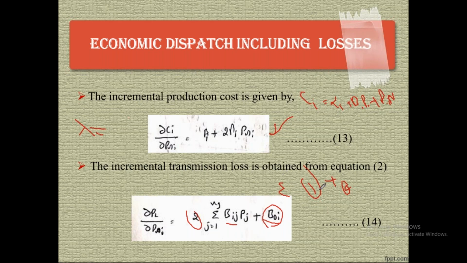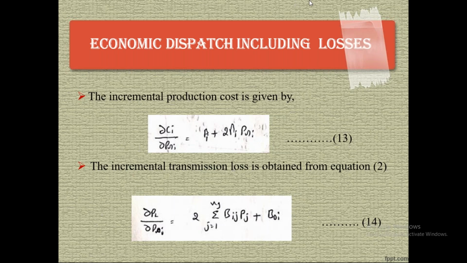If you differentiate equation 2 with respect to PGi, you will get this equation 14. And why the 2? Because the equation should be formed by two units, the ith unit and the jth unit, right? So separately we have to differentiate, and after that we have to add. That's why we got 2 here.